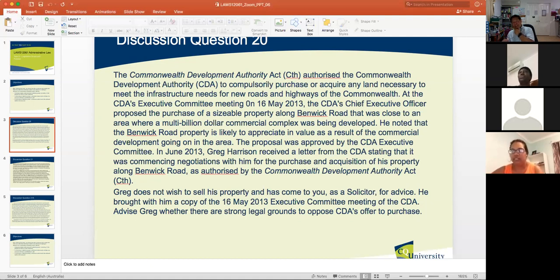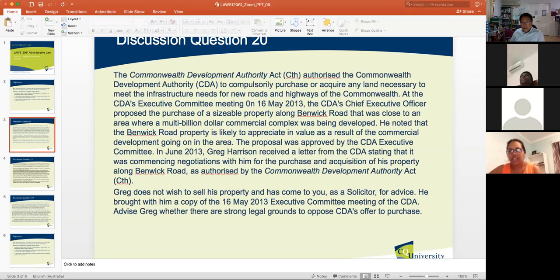I'd like to ask a corollary question to that. If you were the lawyer who was approached by Greg, and you wanted to oppose the CDA's offer to purchase, and you wanted to question the legality or constitutionality of the Commonwealth Development Authority Act, can that be a ground for you to raise in applying for administrative review, perhaps in the Administrative Appeals Tribunal, assuming that this particular law authorized an application for review by the AAT?